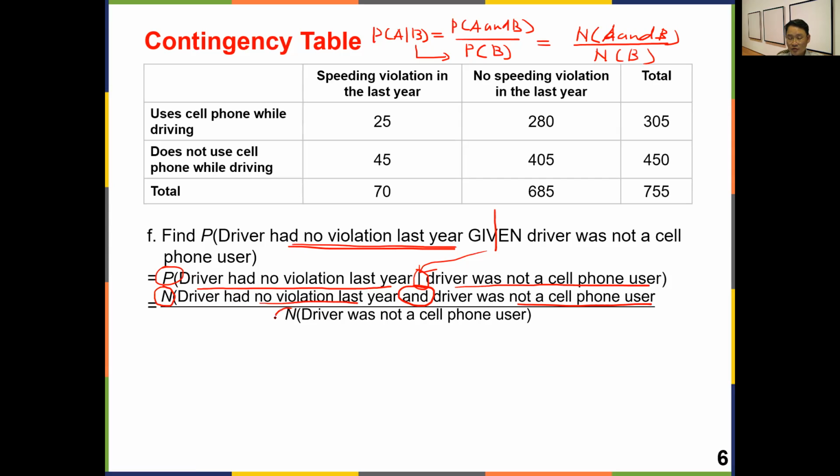Given the bottom part, the denominator goes N again. What goes under the given part? Driver not using cell phone goes right there.